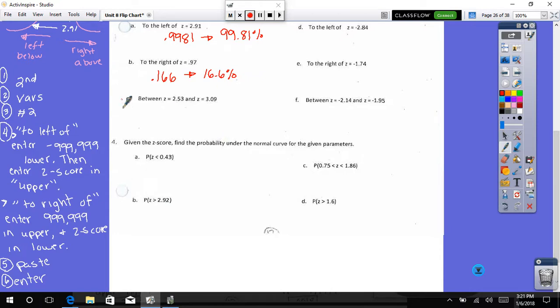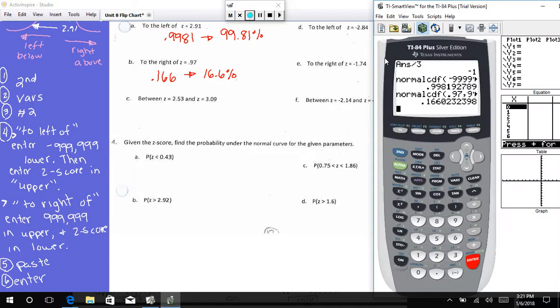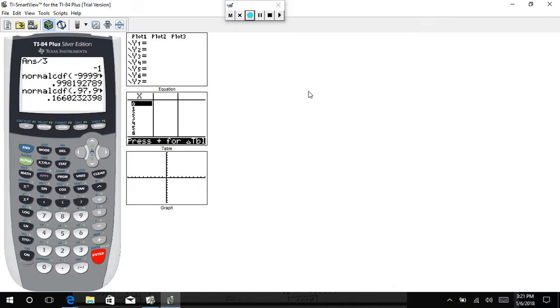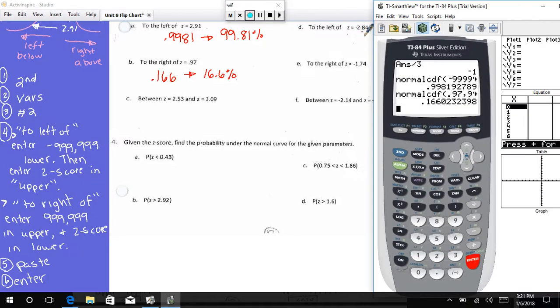Okay, 16.6. Let's skip C for a second and jump over here to D. D is asking us for a to the left of. Okay, so I'm going to go second bars down to option 2.